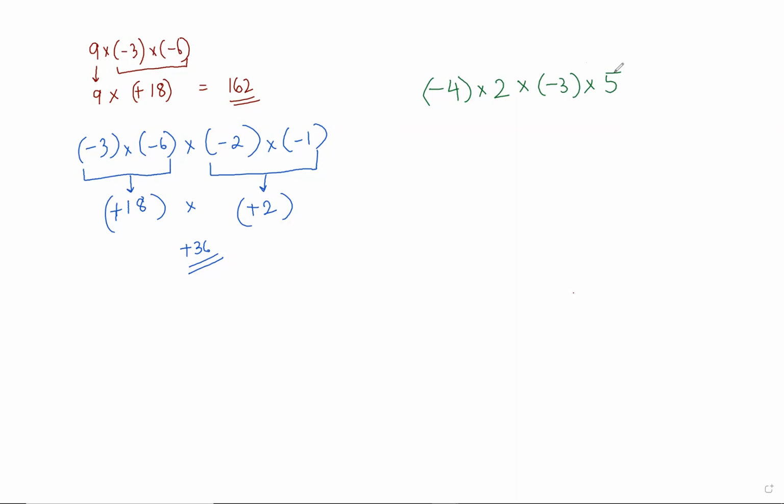First, we will multiply minus 4 and minus 3. So, Hiba, let me tell you something. You don't always have to multiply negative and negative together. I mean, you can do that as well. Or you can just multiply these two together.